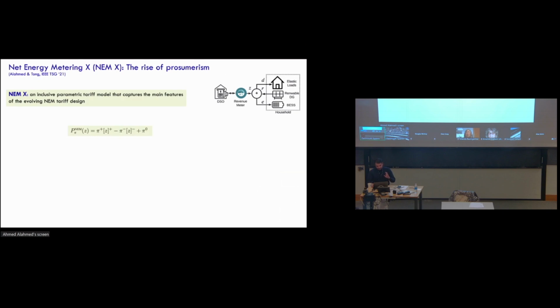Mathematically, the payment under net metering X is given by this function P, and you have pi plus, which is the price of buying from the utility. So that's called the retail rate or import rate. And pi minus, which is the price of selling back to the utility. And pi zero, which is just the fixed charge that is independent of the consumption.